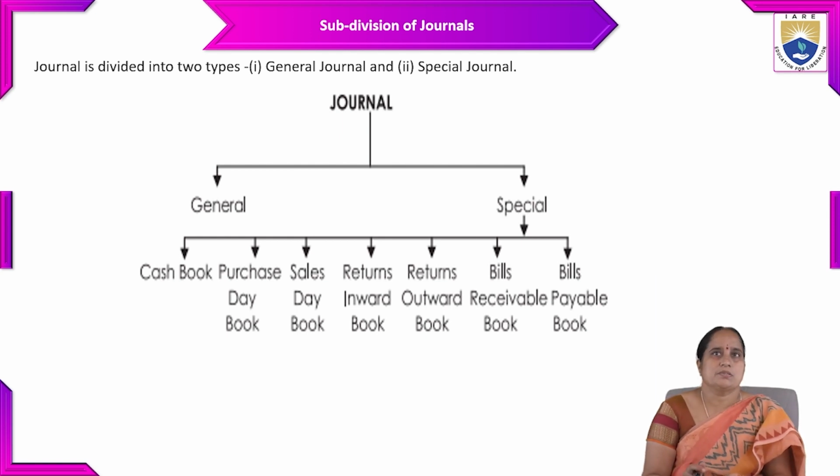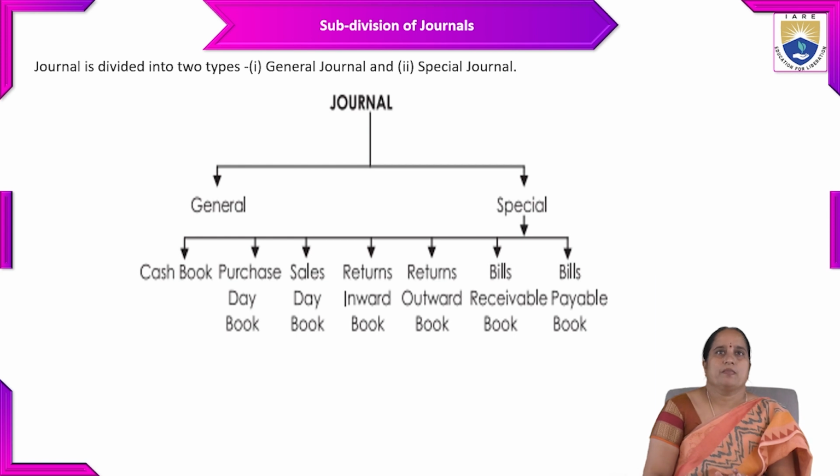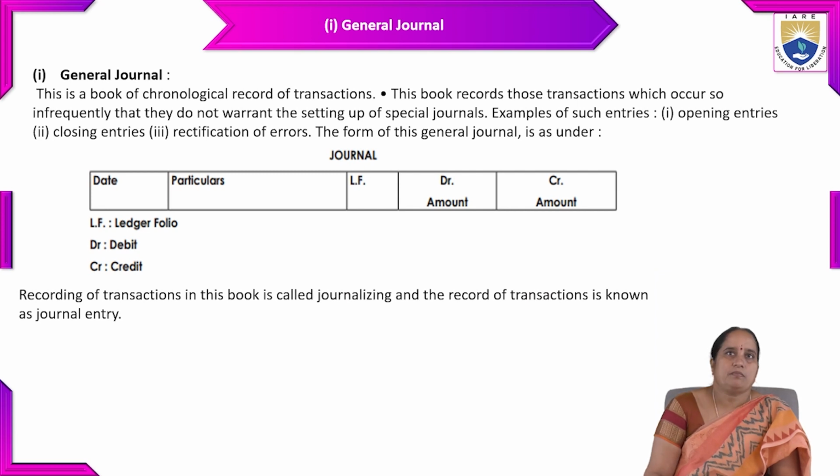Coming to the subdivision of journals, journals are divided into two types. One is general journal, another one is special journal. Special journal is further divided into different subsidiary books like cash book, purchase day book, sales day book, returns inward book, returns outward book, bills receivable book, bills payable book.